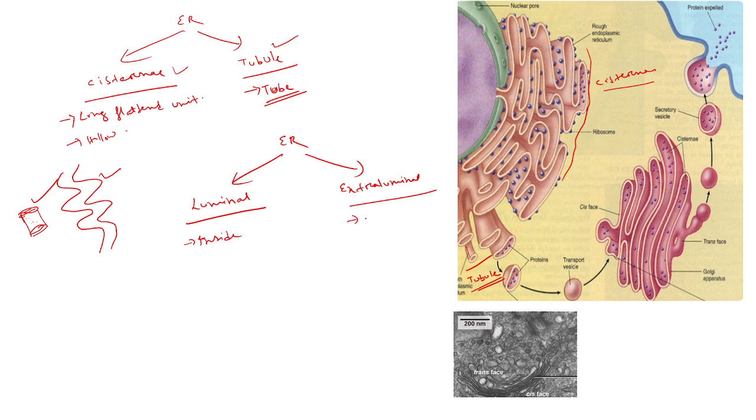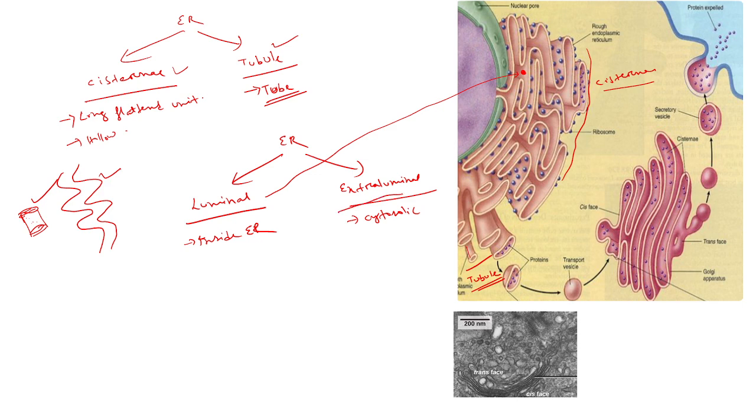For example, if some molecule is present here, that means it is present inside the ER. So we can say that this molecule is present luminally, that is, inside the endoplasmic reticulum.